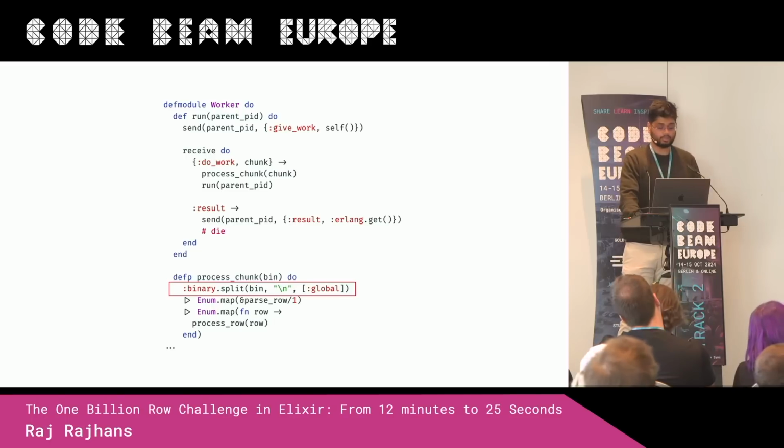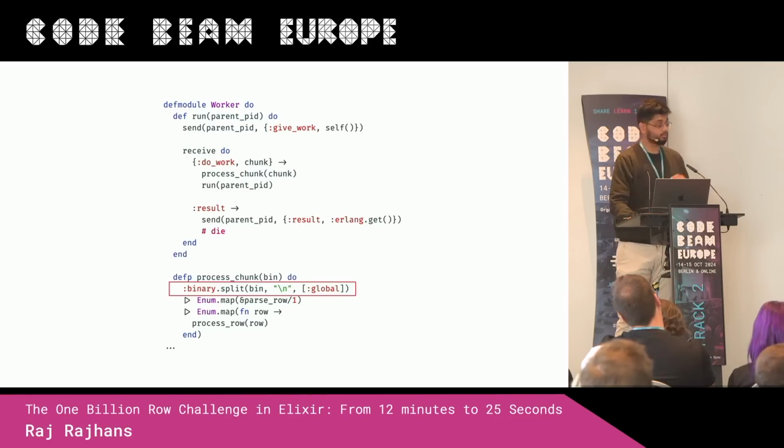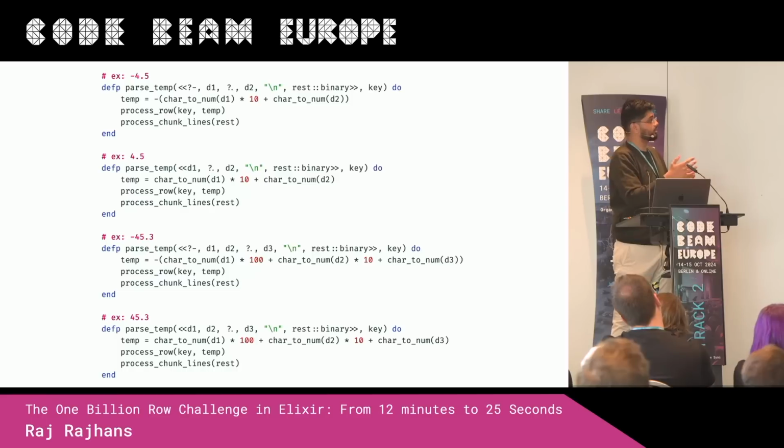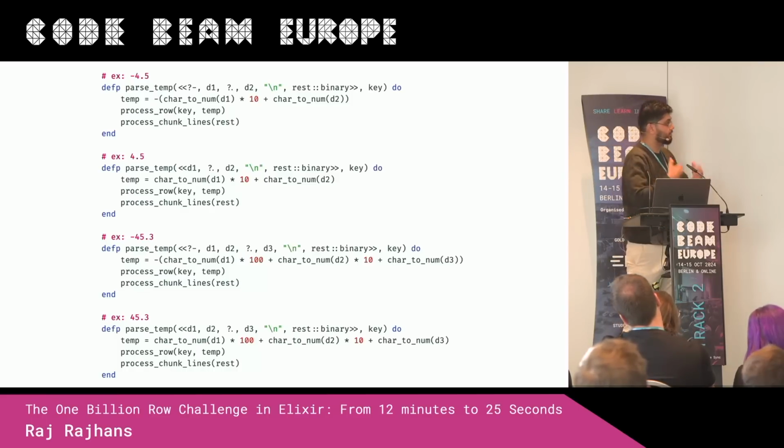We are still doing a binary dot split over there, which can be optimized using pattern matching. So, all right, how do we do that? So this is the code. Now our parse temperature function ignored the rest, but instead of ignoring the rest, what we can do is we can make it know about \n and pattern match on that, and the rest we can just pass along recursively.